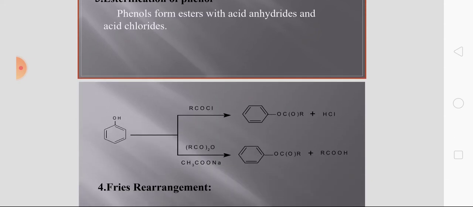Third is esterification of phenol. Phenols form esters with acid anhydrides and acid chlorides. This is similar to alcohol.